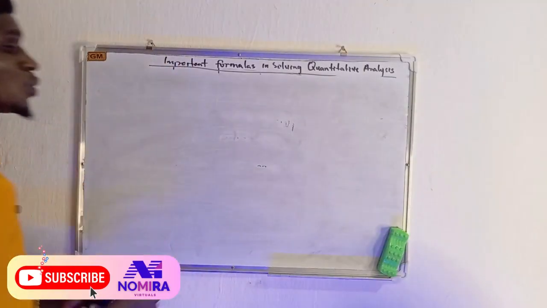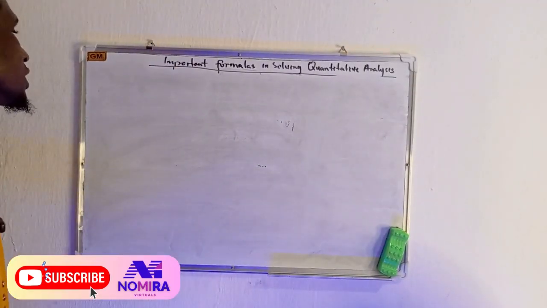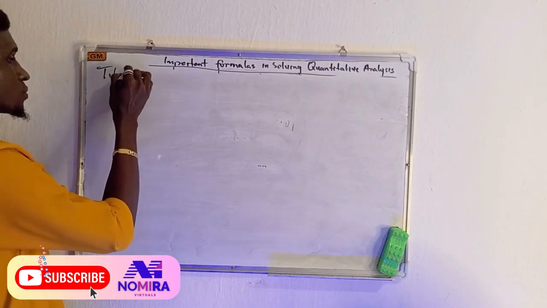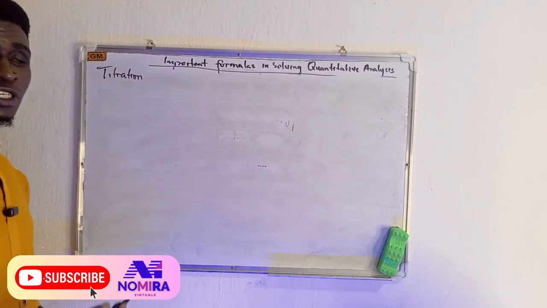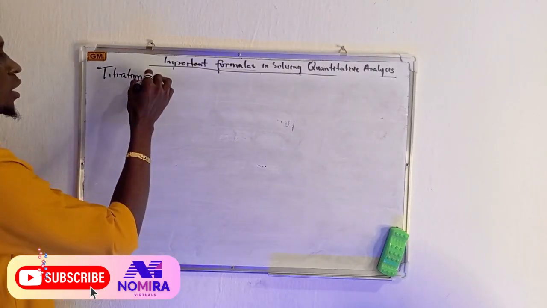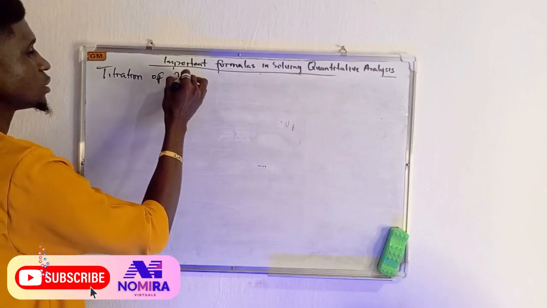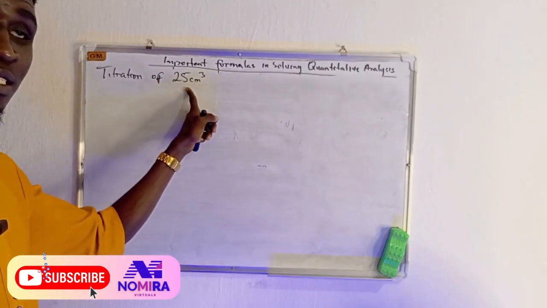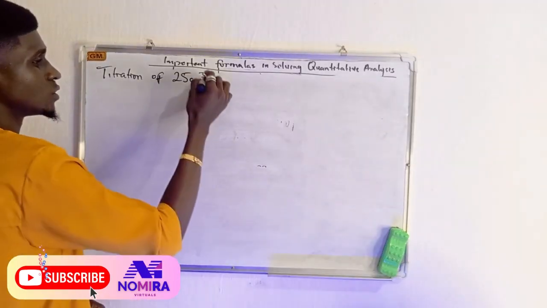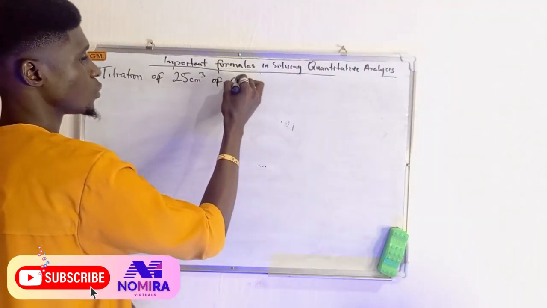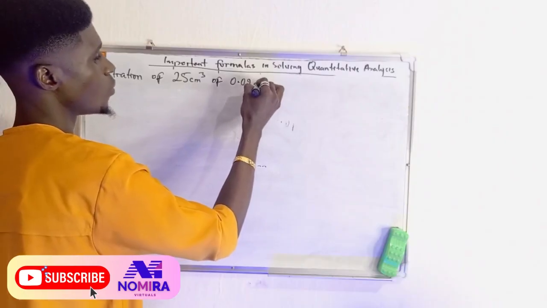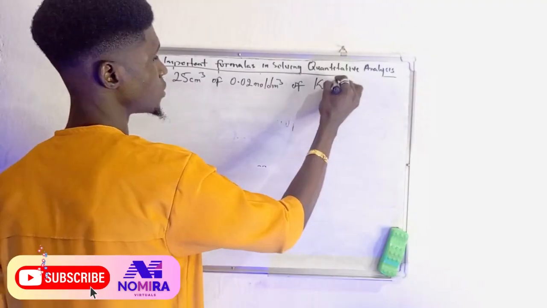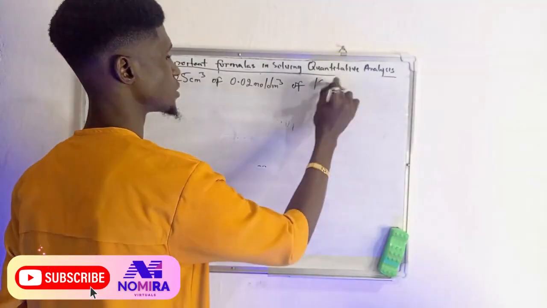Let's say with that same table, they now say that the table is for a titration of a 25 cm cube capacity pipette. It means that this is the volume of the base, 0.02 mole per dm cube of potassium hydroxide.